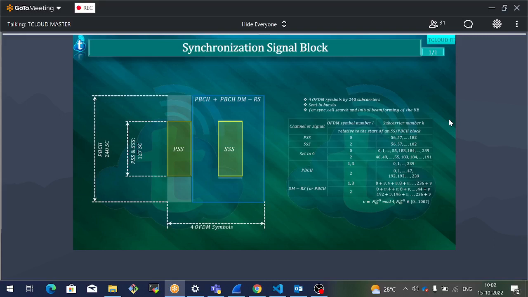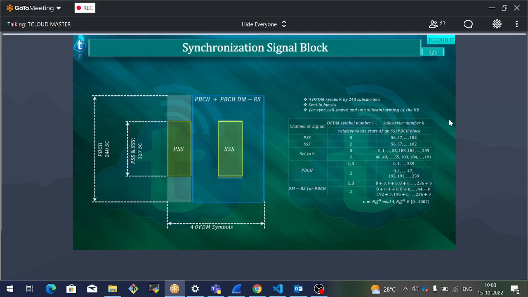So the idea behind this logic is that the PSS contains special modulated symbols, and your mobile equipment is capable of decoding the carrier wave and converting it into symbols. From the decoded and converted symbols, your mobile equipment can easily detect if those symbols are these PSS symbols or not.